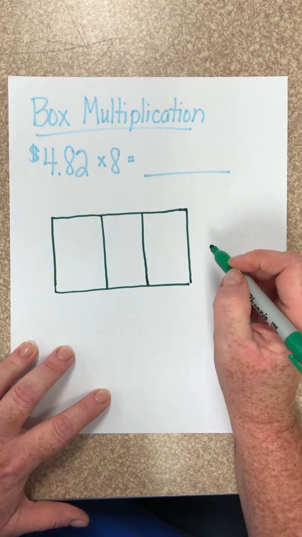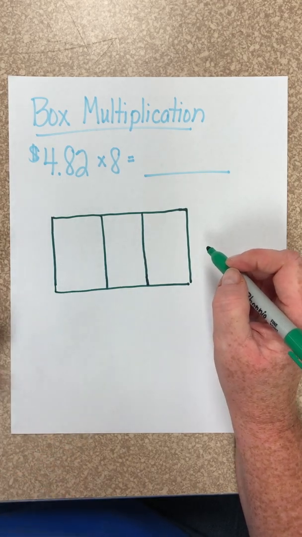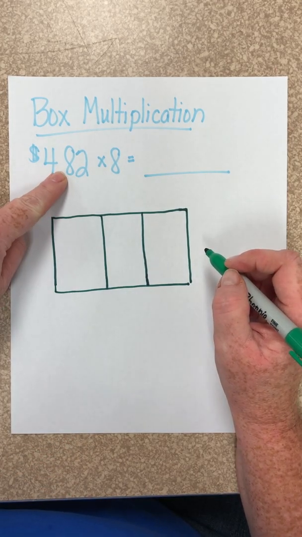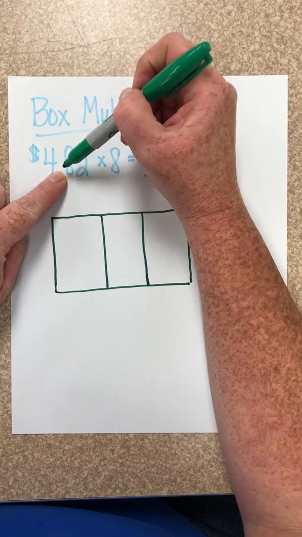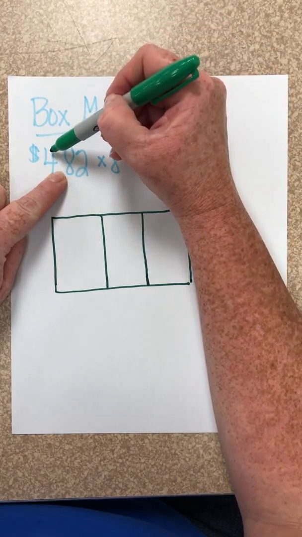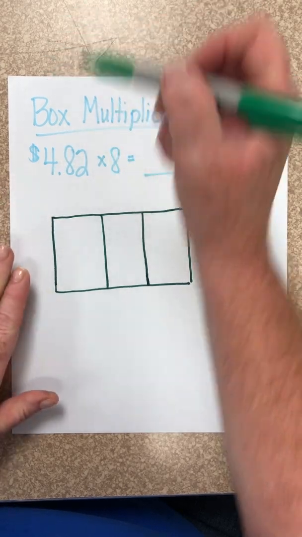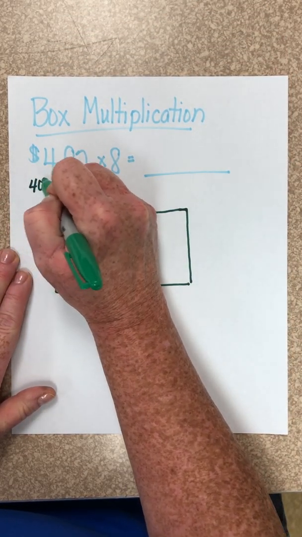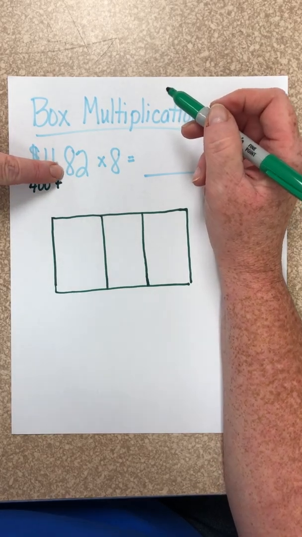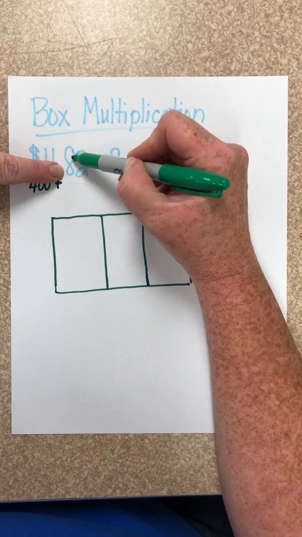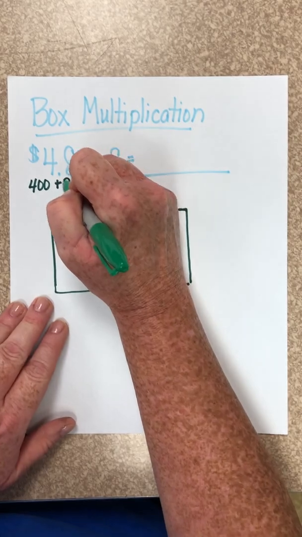Now, to use the box method with decimals, we need to first kind of ignore that decimal point for just a moment. So if I ignore it for just a minute, 4 is in hundreds place. 8 is in tens place.